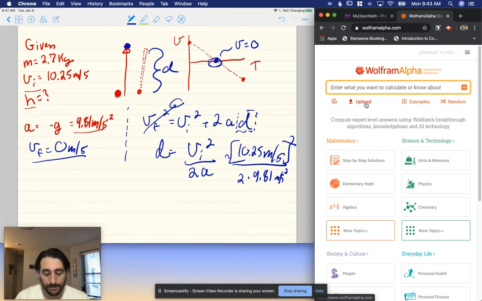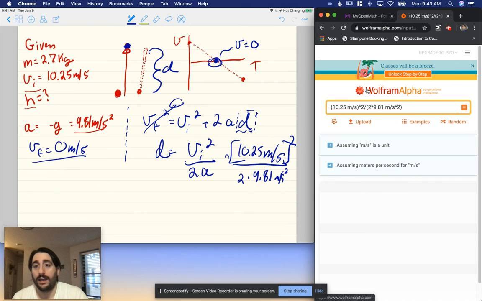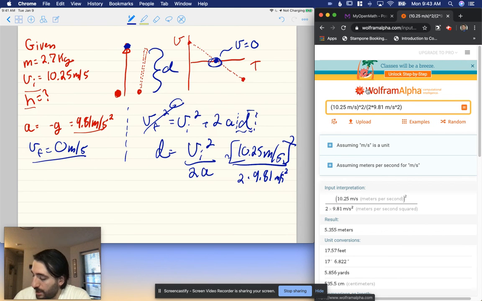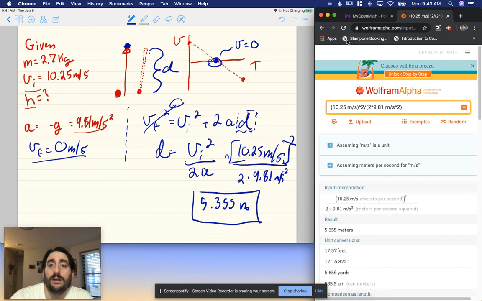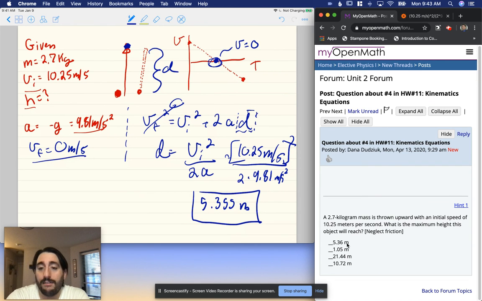So I've got 10.25 meters per second divided by 2 times 9.81 meters per second squared. And I get my answer of 5.355 meters. And in this case, that would be that first answer choice.